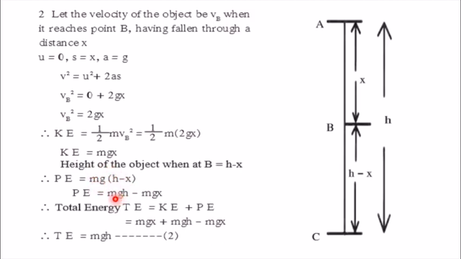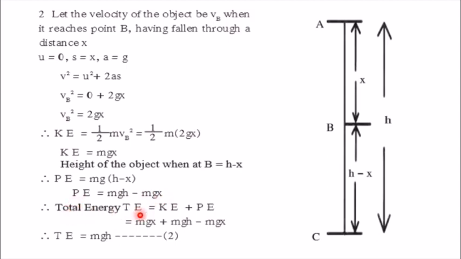So we get mgh minus mgx. So when the object is at point B, our potential energy is mgh minus mgx.